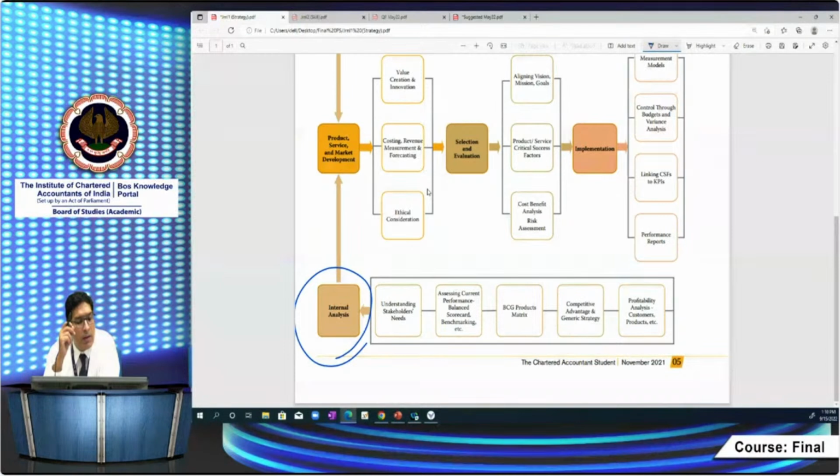Internal analysis covers understanding stakeholders' needs. Stakeholder needs relates to your performance prism.